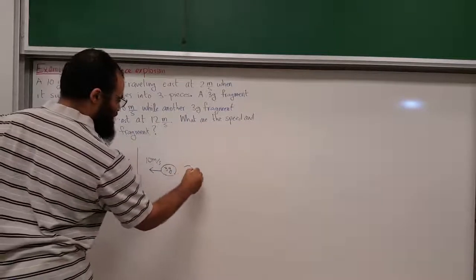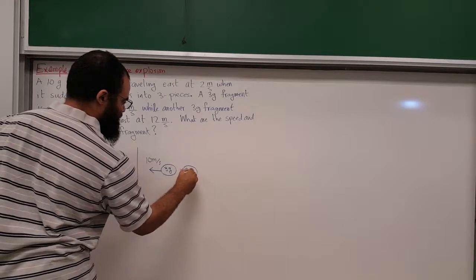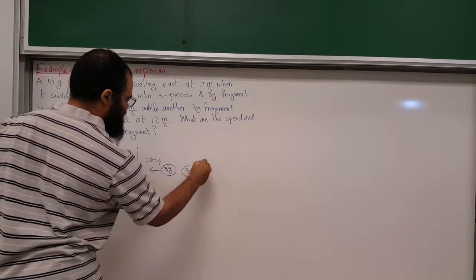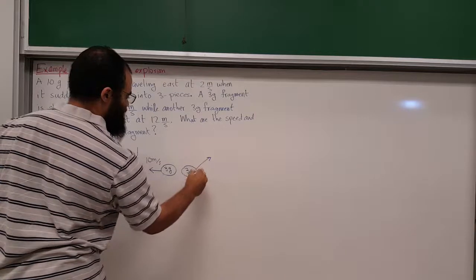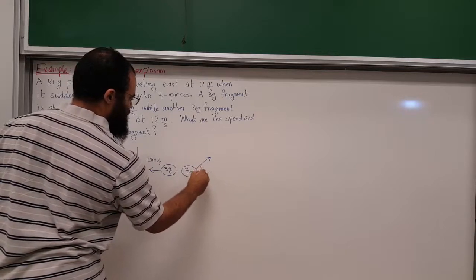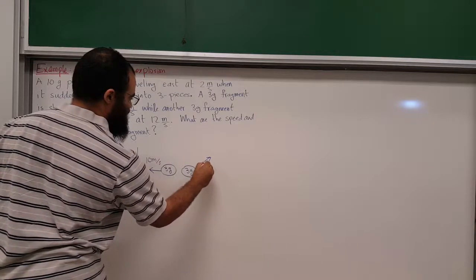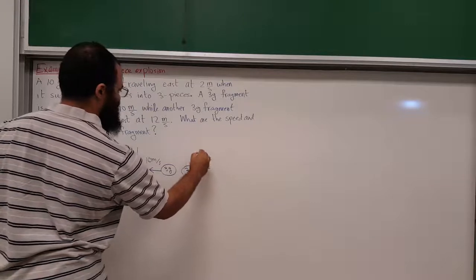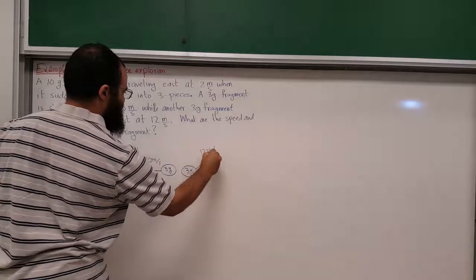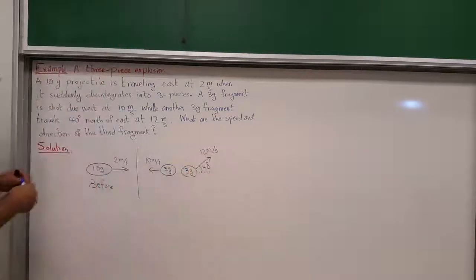So here is another 3 grams, and it travels at 40 degrees north of east at 12 meters per second. And then the third one would be 4 grams. Here it is.